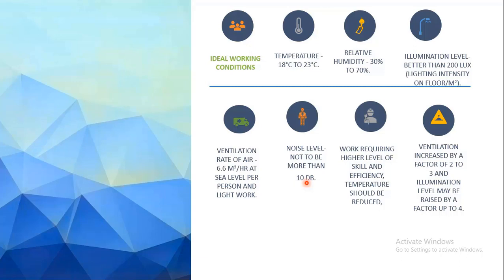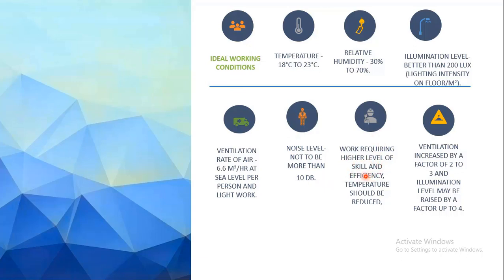For that we can use noise absorbers, or we can provide earplugs. We also have to think about improving the workplace layout. And sometimes there are machines which generate noise, so we also have to take care of lubrication and maintenance. So this is regarding the noise level, and the ideal working condition is that the noise level should be less than 10 decibels.